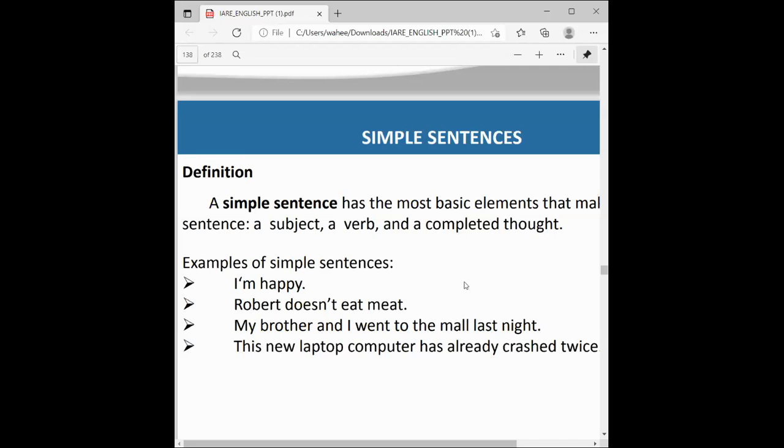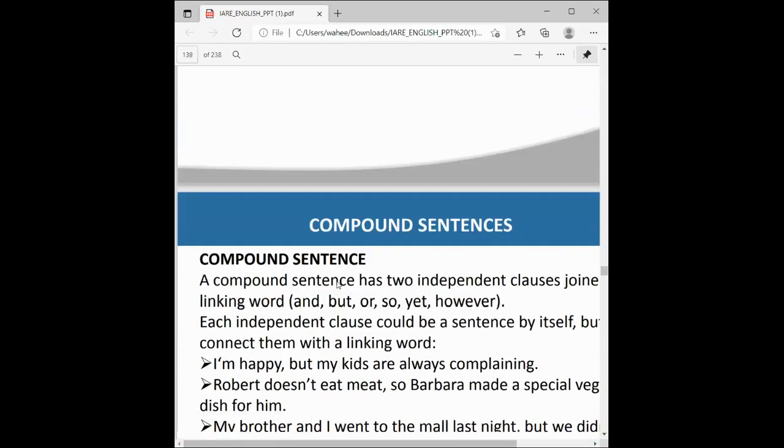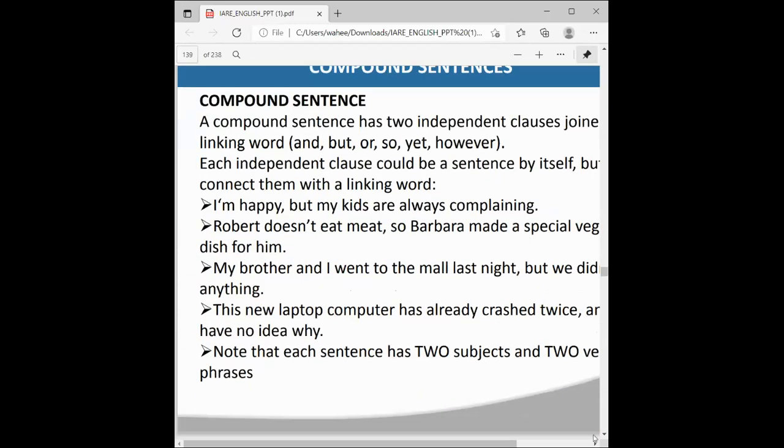Now we'll go to the compound sentence. A compound sentence has two independent clauses joined by a linking word: and, but, or, so, yet, however.